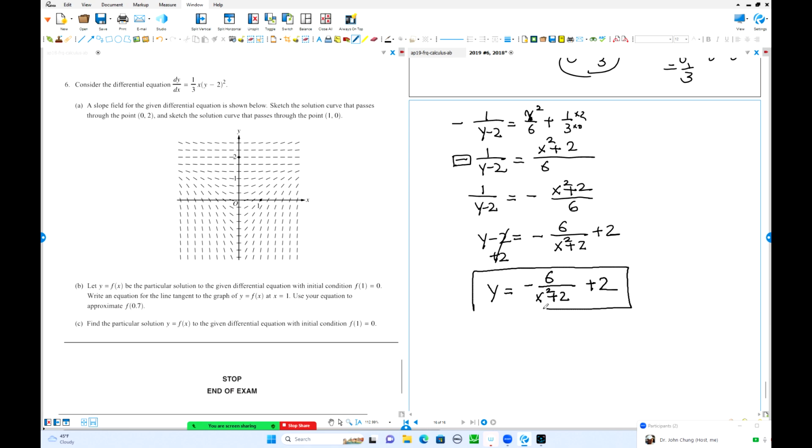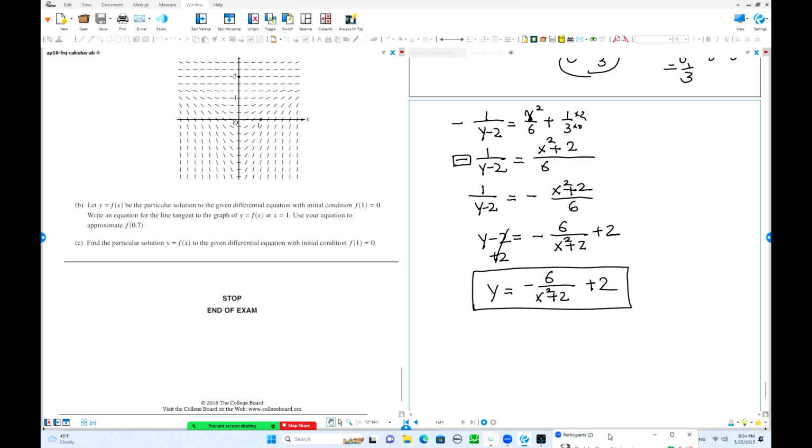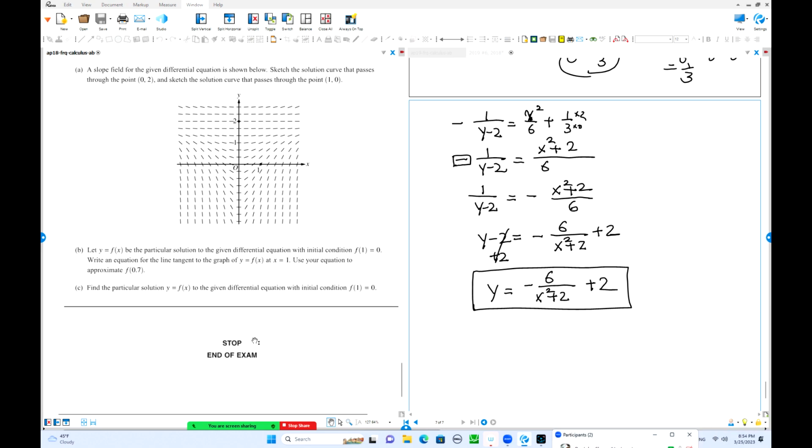That is the particular solution of the differential equation. Are you okay with this? So we just did up to number 6.